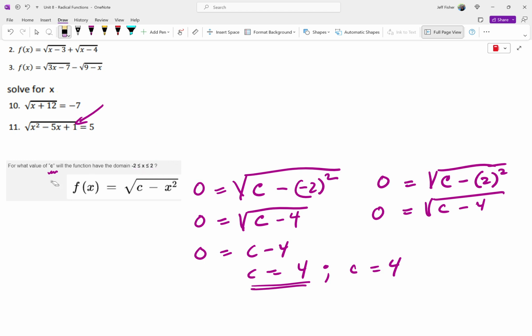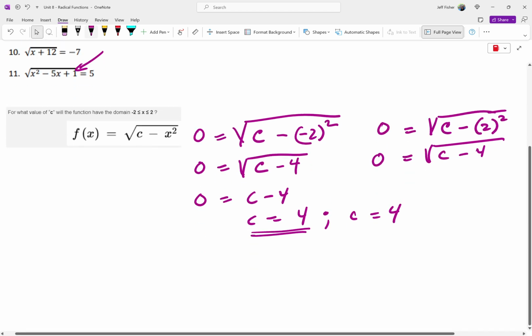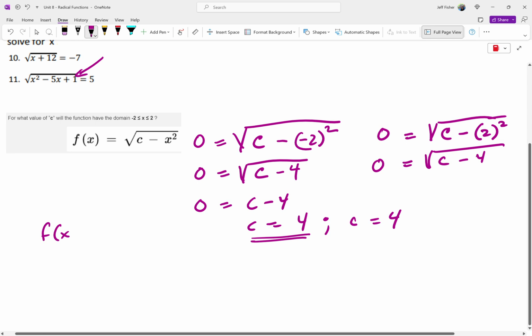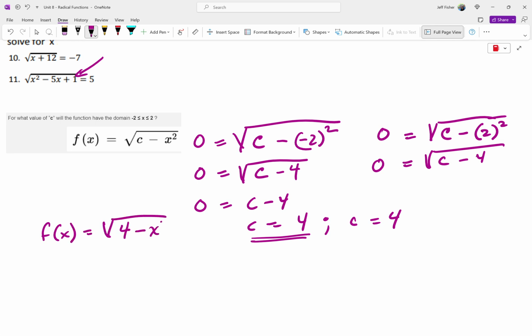Let's check it out backwards and see if we did our work right. Well, if we say f of x equals the square root of 4 minus x squared, and we're checking to find the domain. Remember, what we did to find the domain is we set this so that it's greater than or equal to 0, yes. So we say 4 minus x squared has to be greater than or equal to 0.